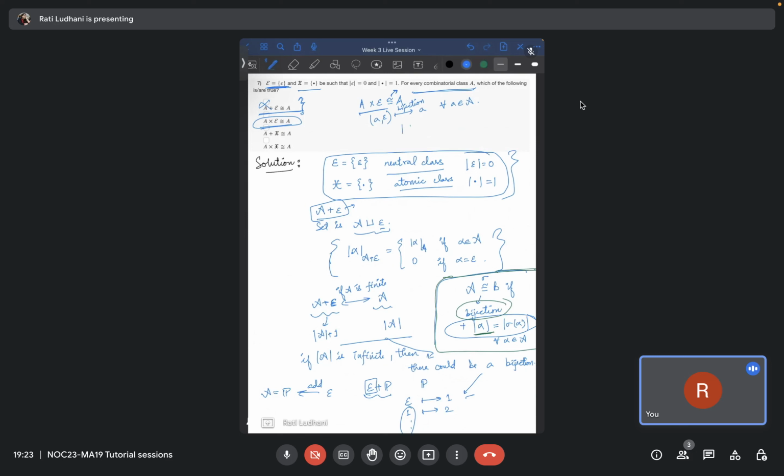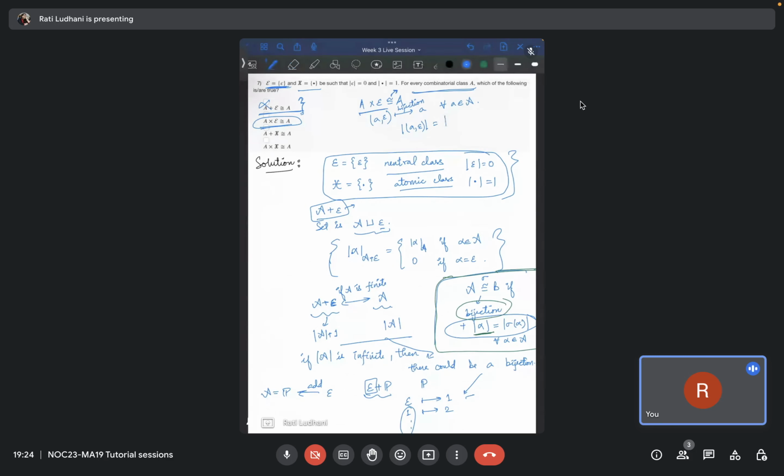You know that size of A plus epsilon is what? Sorry, not A plus epsilon, this is A comma epsilon. So this is a pair, so you should have the size to be, if I'm not wrong, it should be a plus, right?